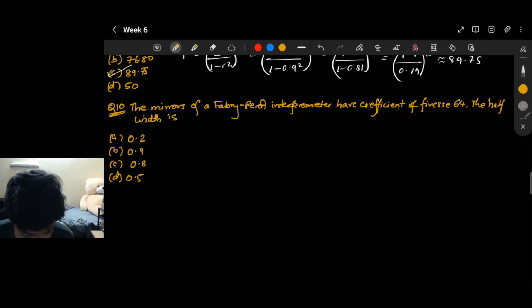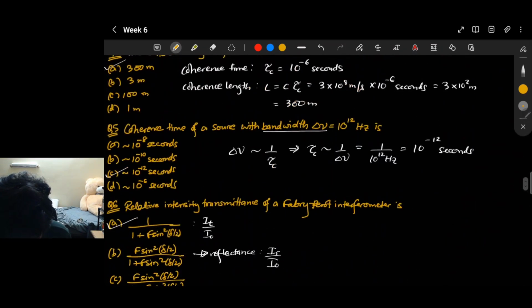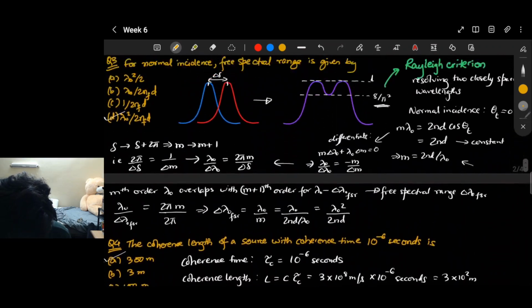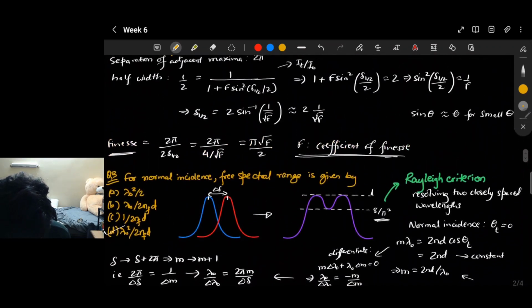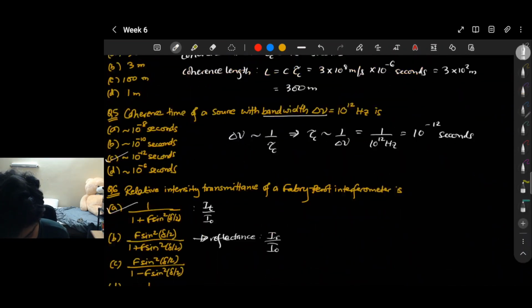Okay, let us now discuss the answer. The expression for half width, we had discussed this earlier. Yeah, here. This is the expression for half width, and we will make use of this.